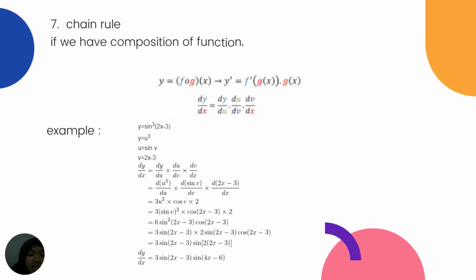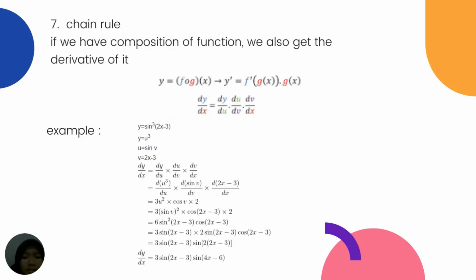Okay, the next is the chain rule. If we have a composition of functions, we also get the derivative of it. The example of composition is y is f composition g x.